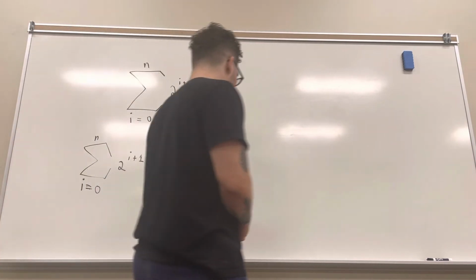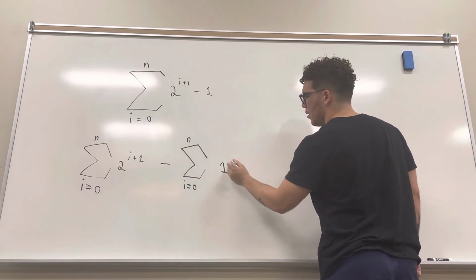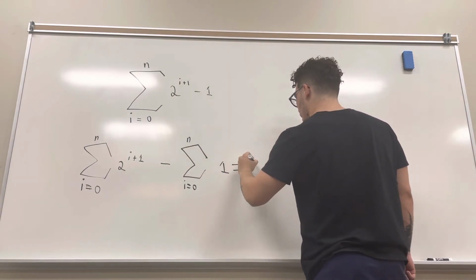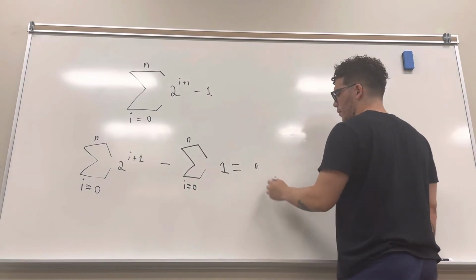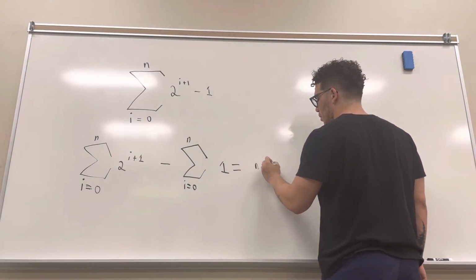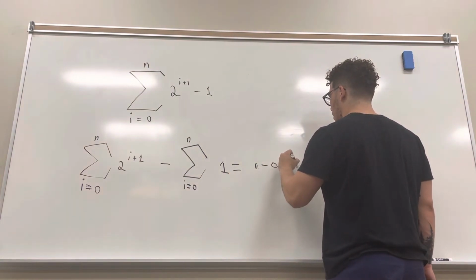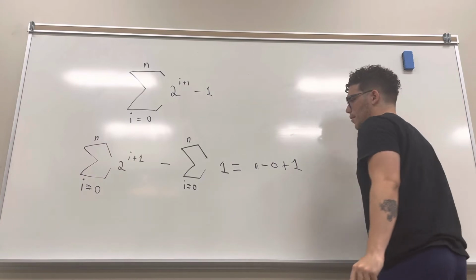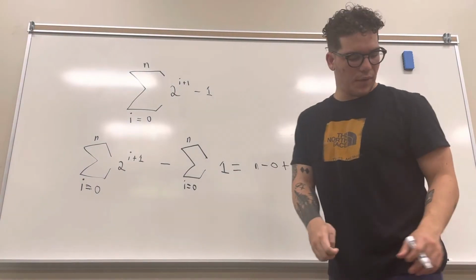So me writing that, we have b, so this summation equals b, which is n, minus a, so minus 0, plus 1. So now I'm going to erase this guy and I'm going to write that in there for it and just plug it in.